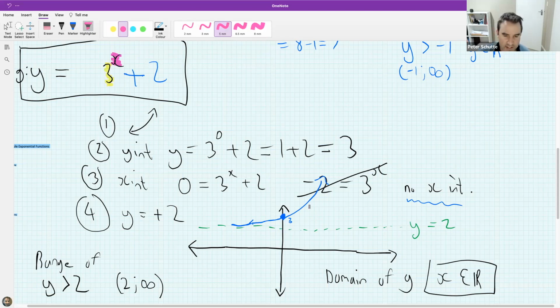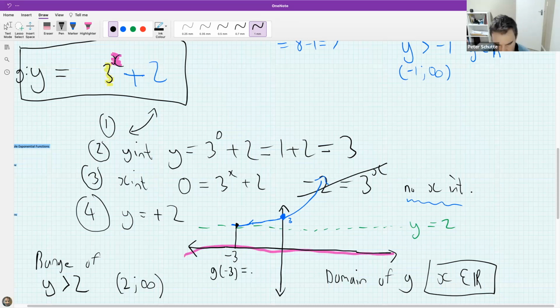If this doesn't make sense to you, think about this. Imagine you get to this x value down here. Let's make it minus 3. If I want to know what that point is, another way of saying it is find me the g of minus 3.